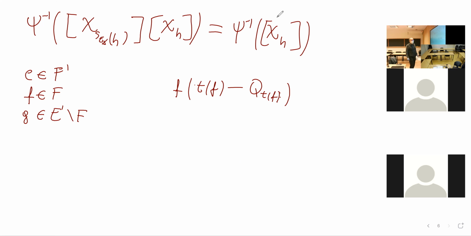I mean, I still have to write this psi inverse of some stuff. But let us first figure out what this is. Okay, so this will be just F, of course, and now I have minus F QTF.